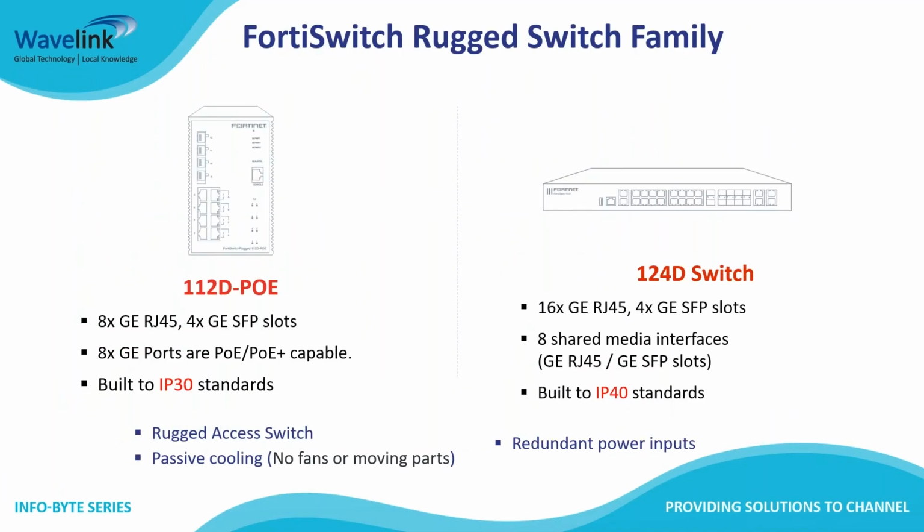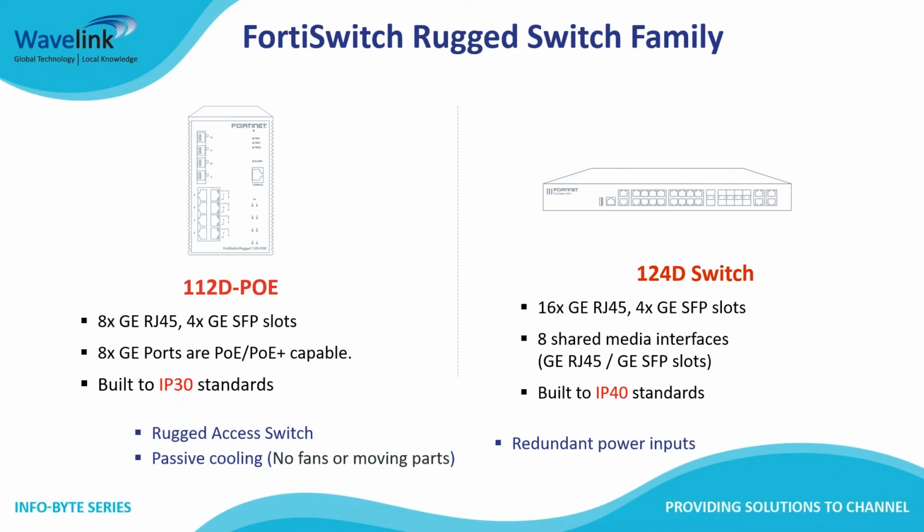Now we look at the FortiSwitch rugged family. The two main switches we have currently are the 112D PoE and 124D switch. Just make note, all the other switches that we talked about earlier are for indoor use. But this rugged switch family, these two can be used outdoors under certain conditions.